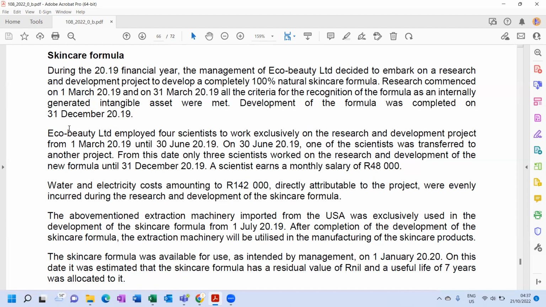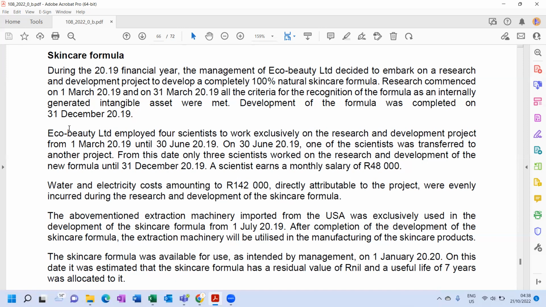A scientist earns a monthly salary of 48,000 Rand. Water and electricity costs amounting to 142,000 Rand directly attributable to the project were evenly incurred during the research and development of the skincare formula. So remember, from 1 March up until 31 December, we incurred 142,000.